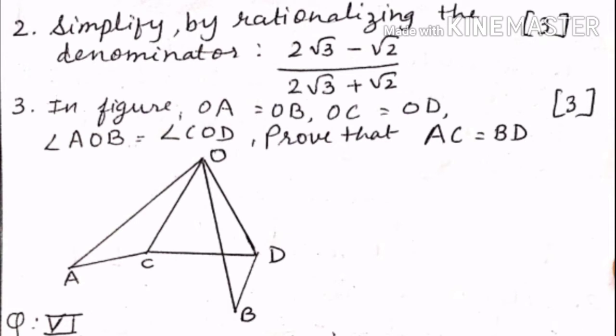Means the given part is already there, so we always start our proof from the given part. So whatever given things you have, start from that. Here COB is the common part of these two triangles, and AC and BD you can prove accordingly after showing the two triangles congruent. So you have to think, students, which two triangles you have to show congruent.